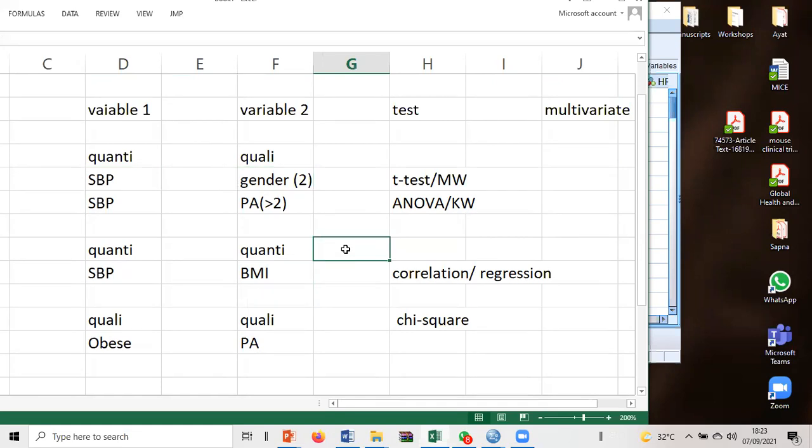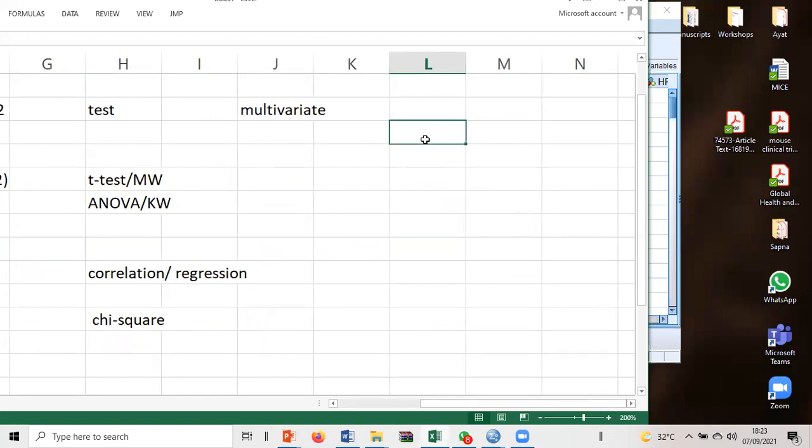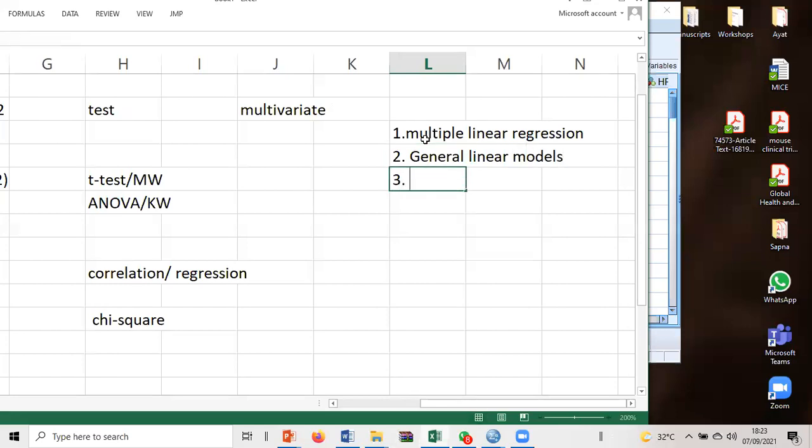So we have another three classes. For next week onward it will be all multivariate. The first is multiple linear regression. The second, general linear models. The third, logistic regression.